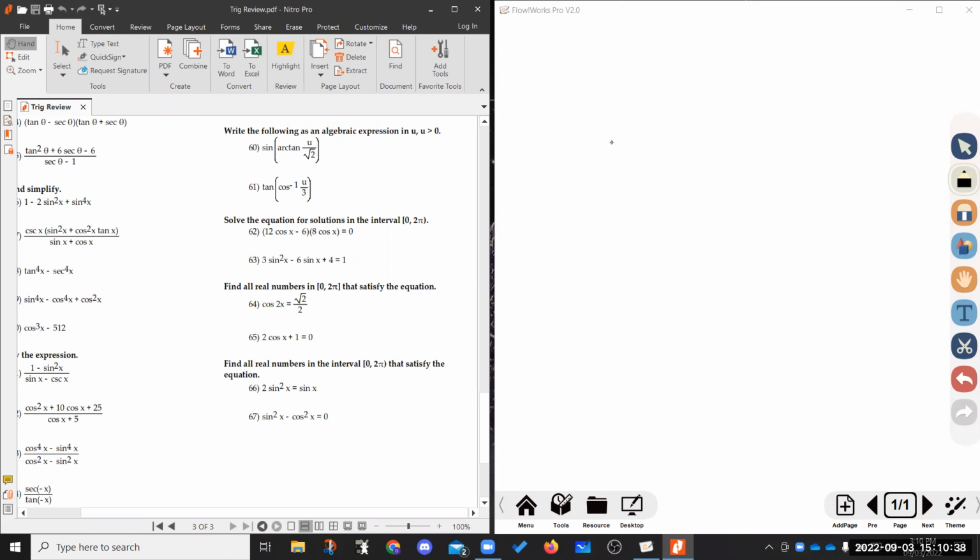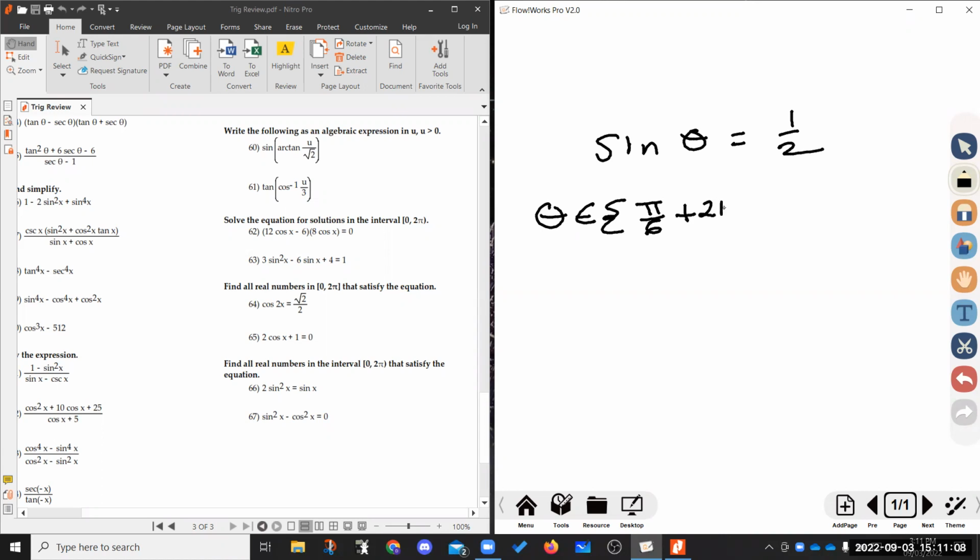So if, for instance, I said that I started off with an equation that said sine of theta equals 1/2, and I told you to find all solutions everywhere for theta, theta would have to be an element of the set of pi/6, the first place that it's 1/2, plus or minus 2k pi, union the set 5 pi/6 plus or minus 2k pi, and I would let you know that k is an element of the integers, that it can be positive or negative.